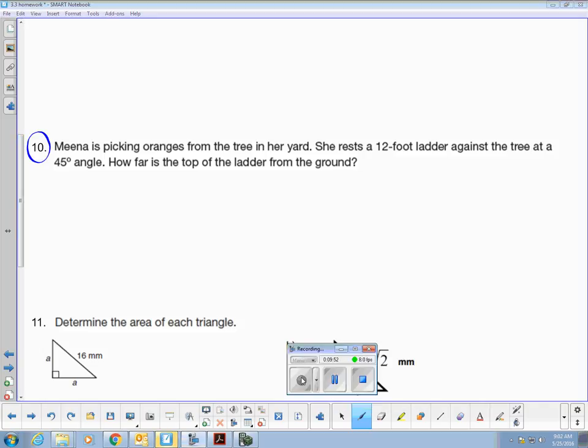All right, in number 10, we're going to begin by drawing a diagram of the situation. Nina is picking oranges from the tree in her yard. She rests a 12-foot ladder against the tree at a 45-degree angle. So here's my tree, here's my ladder, and here's my 45-degree angle.